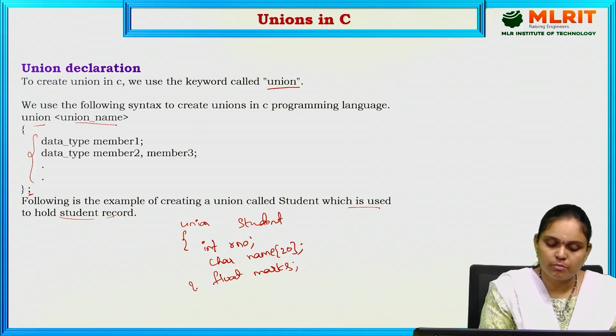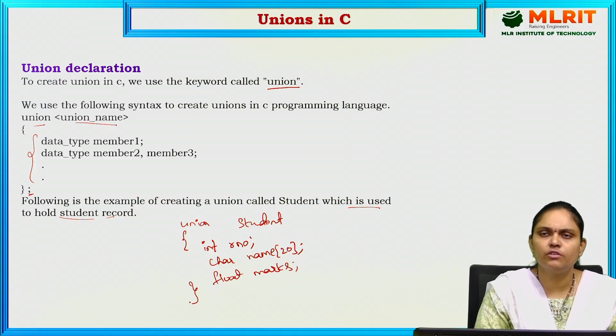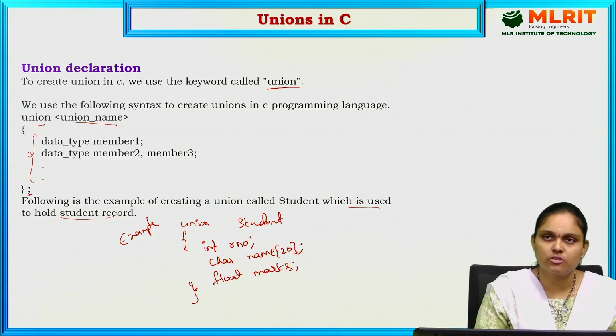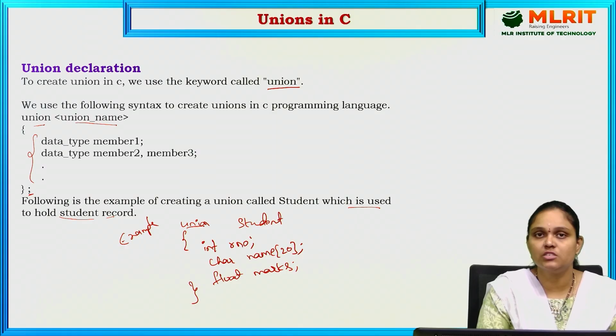Whatever information you require, all of that we can store in a union. So this is the example of a union declaration. Declaring a union is the same as a structure, but the only difference is that here we use the union keyword, and in the structure we use the struct keyword.